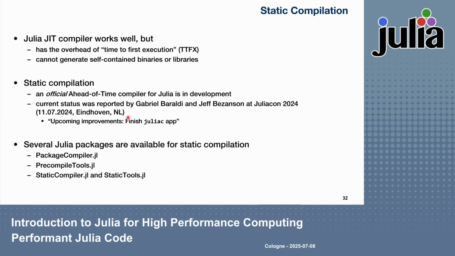Currently it is still in development and not included in the official release, but you can get the Julia compiler from the development branch to try it. This is from the official Julia development team.